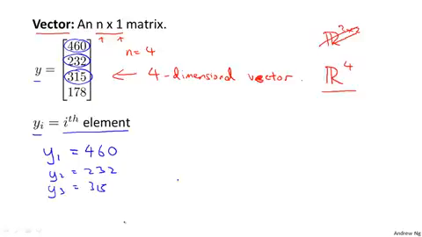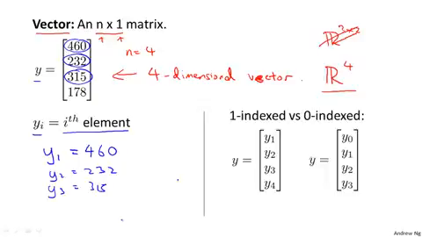Also, it turns out that there are 2 conventions for how to index into a vector, and here they are. Sometimes people will use 1-indexed and sometimes 0-indexed vectors. The example on the left is a 1-indexed vector, where the elements are written y1, y2, y3, y4.